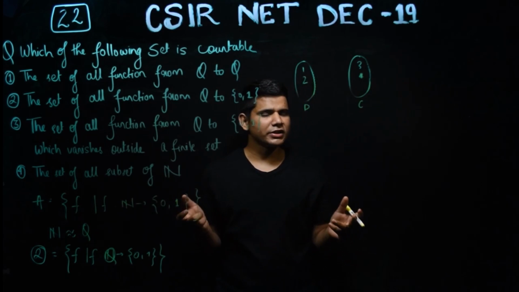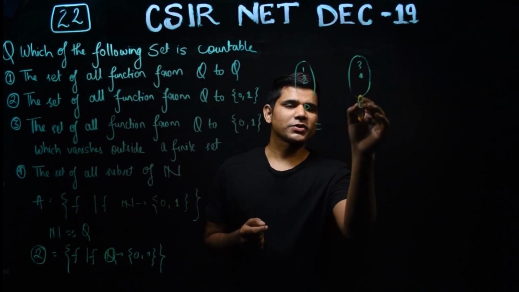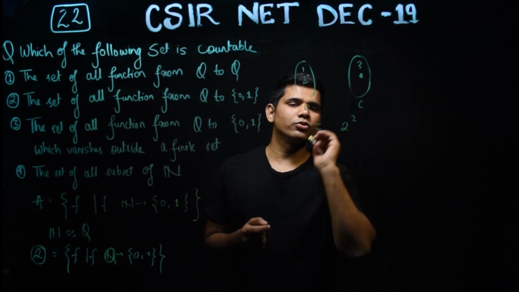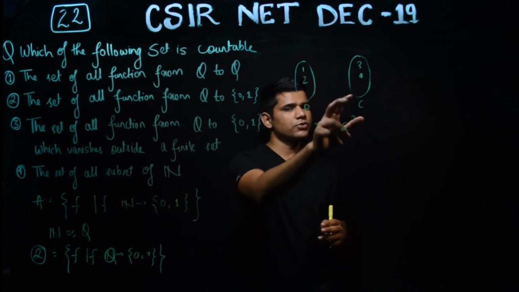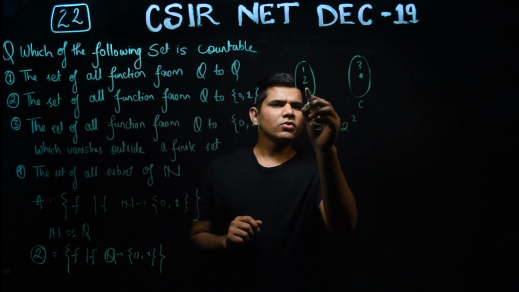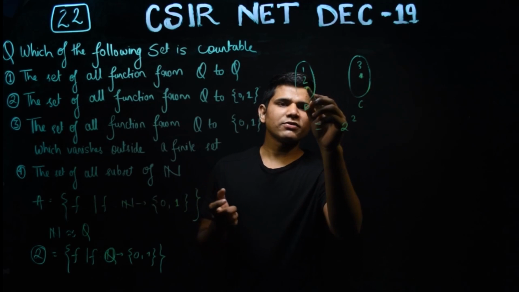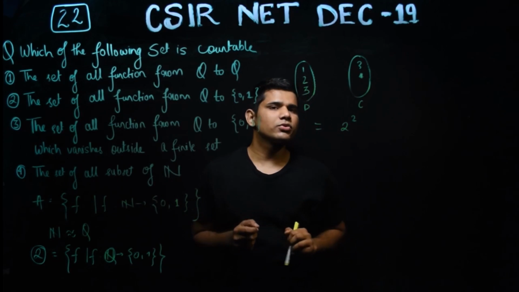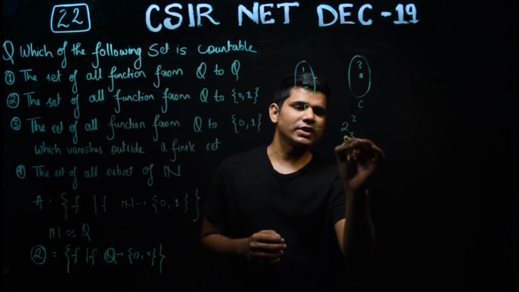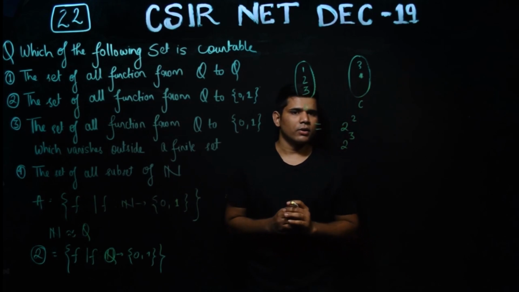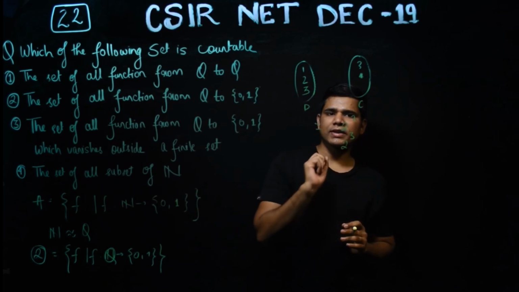You have done it in the intermediate course. So you know that 2 to the power 2 represents the number of functions between these two. Now, if you add some more elements to this domain, the number of functions will increase, right?